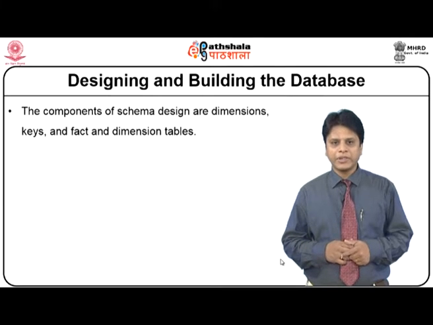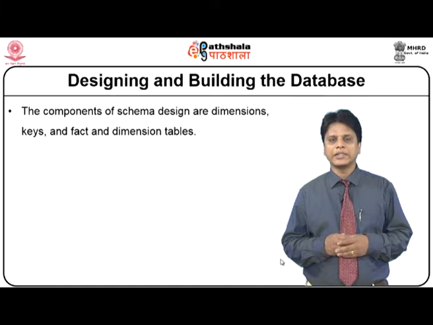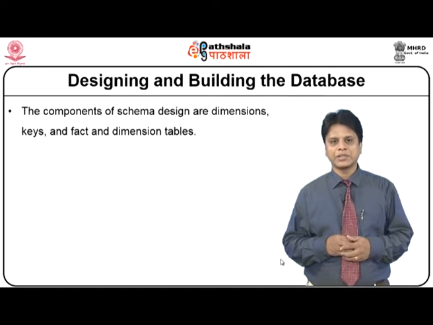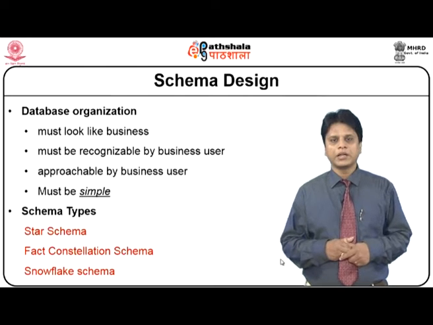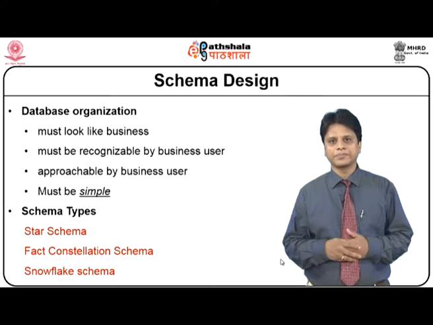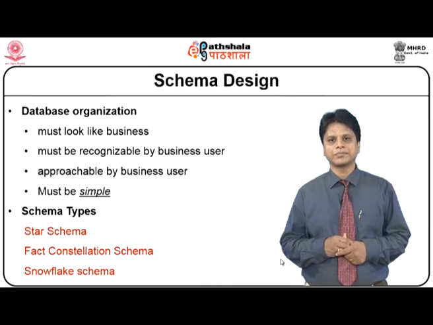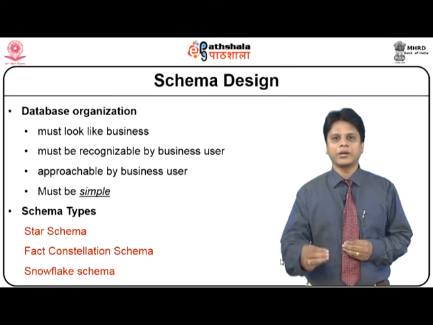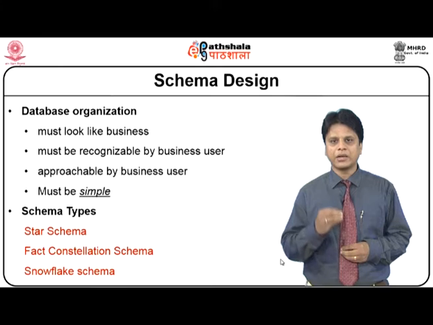Some of the components for designing a very good schema are the dimensions, the keys associated with those dimensions, and the fact and dimension tables. Let us look at all these schema designs in detail. Consider any specific database organization. Towards working on a very good data warehouse, these organizations must look like a business initially.